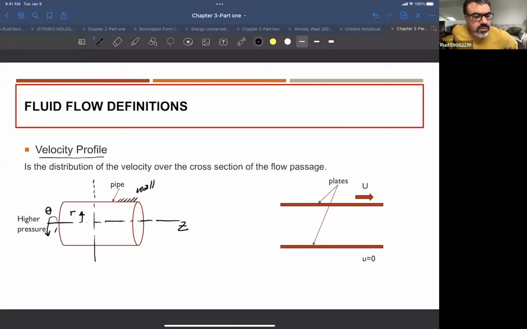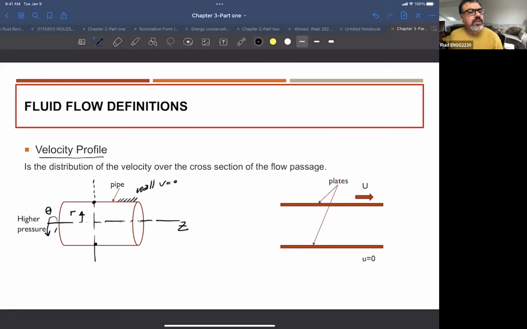What is the velocity at the wall here? This is a pipe, and I'm calling this wall here. Every time we talk about wall, that means we are assuming the velocity at the wall is 0, right? So if I plot the velocity distribution, basically at the wall is 0, right? And of course, if I go all the way around the wall, it is 0, right?